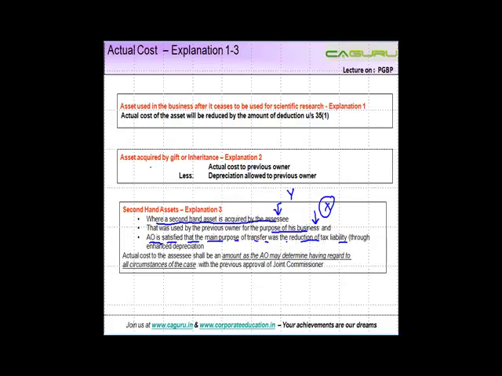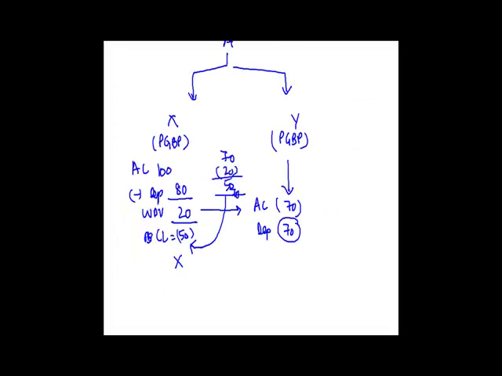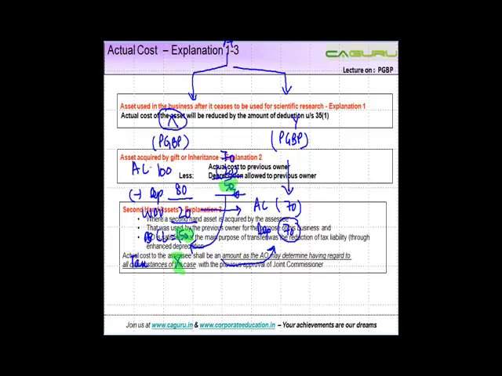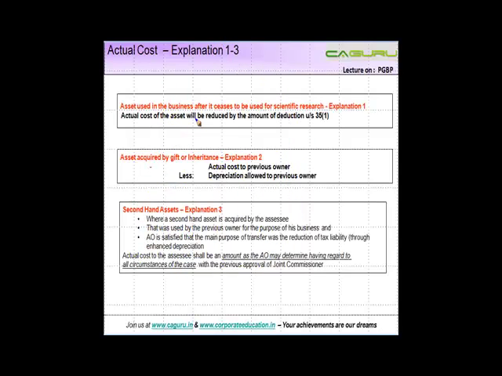So in my example that I took, what happened? X basically had a profit of 50 rupees, right? Which he set off against this, and the tax liability was 0. While Y said, I'll get depreciation on 70. So he got a benefit. This is what is proposed to be prevented by this explanation.